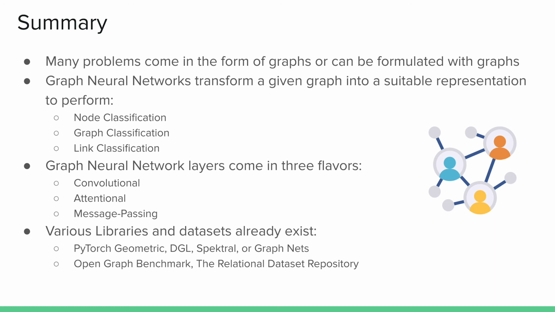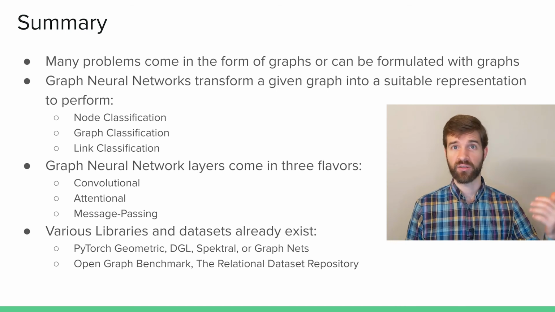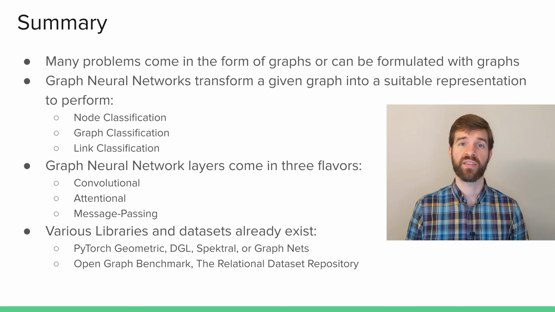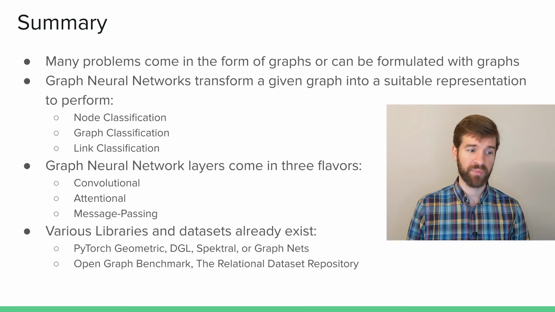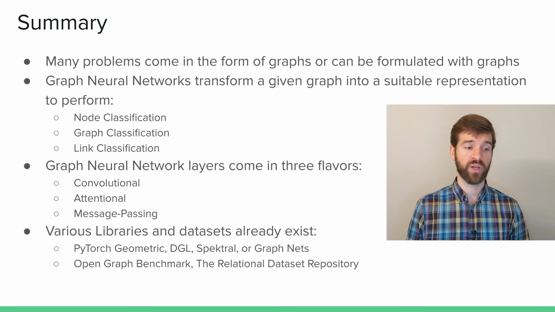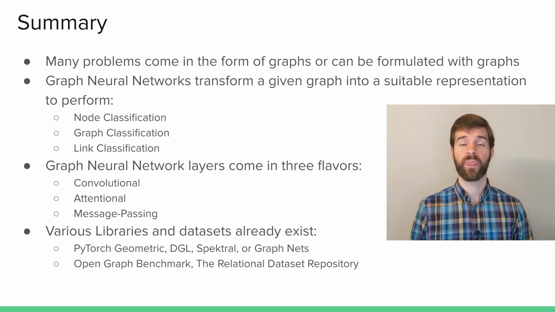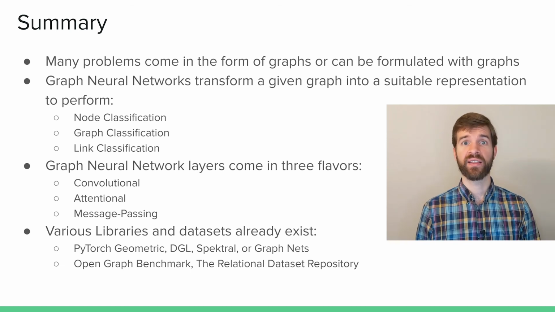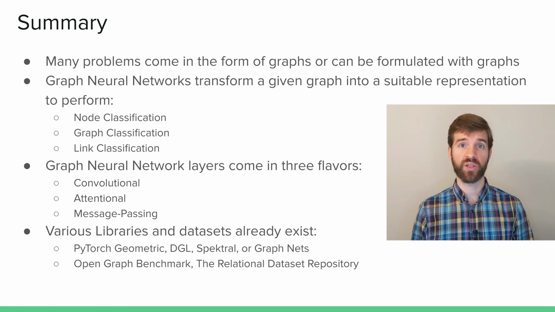Graph neural networks come in three flavors: the convolutional graph neural networks that use fixed weights to multiply the features of the neighbors to compute the next update step; attentional graph neural networks, where you have a learned weight that helps you understand how the interaction between certain nodes works, instead of just multiplying the features with each other.